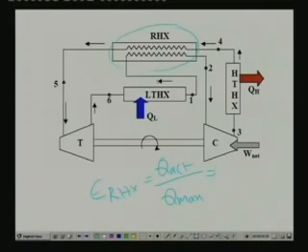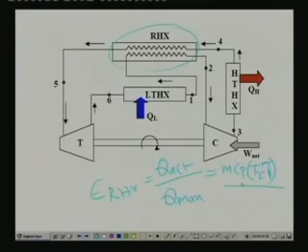Q actual is the actual heat transfer between the two streams, which is given by, for example, if you are taking the cold stream, mCp into T2 minus T1, where m is the mass flow rate of air, Cp is the specific heat, and T2 and T1 are the exit and inlet temperatures. This is the Q actual.